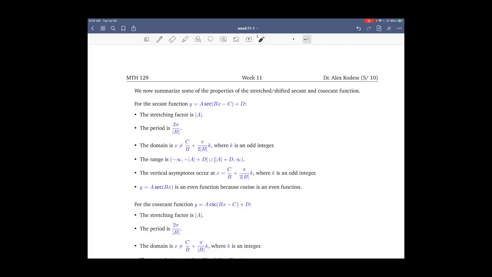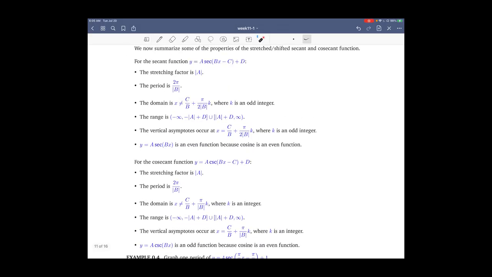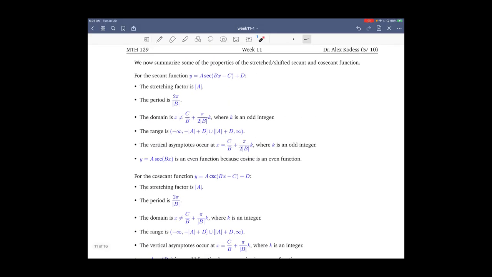The stretching factor is the absolute value of the factor in front of the function. Horizontal stretch is governed by b. The period compresses or stretches according to whether b is greater than 1 or less than 1.